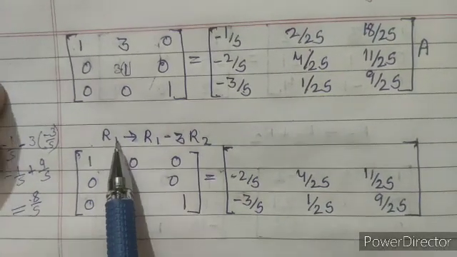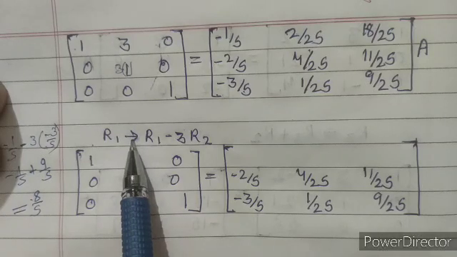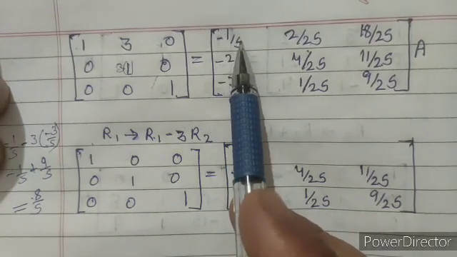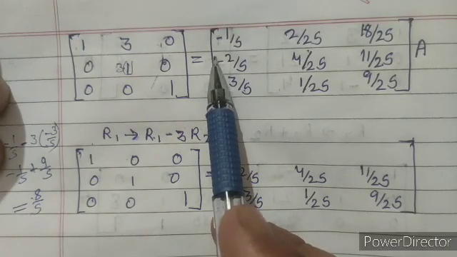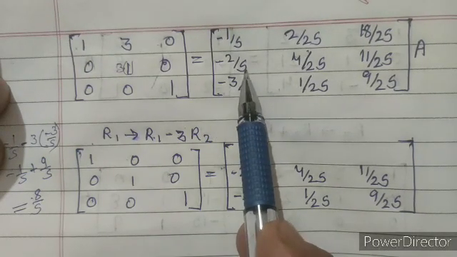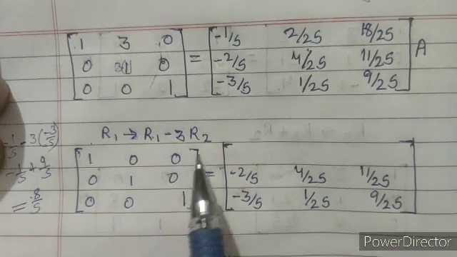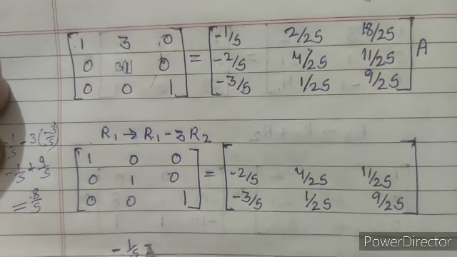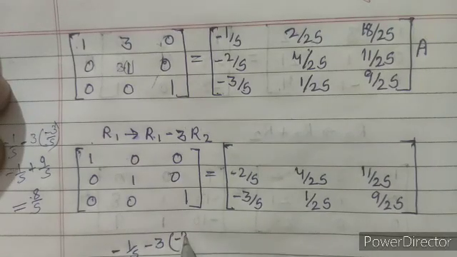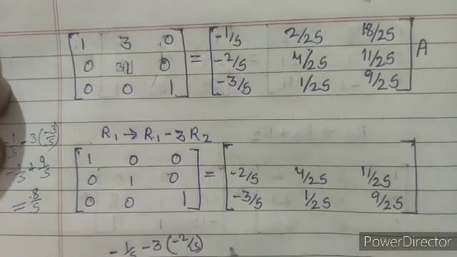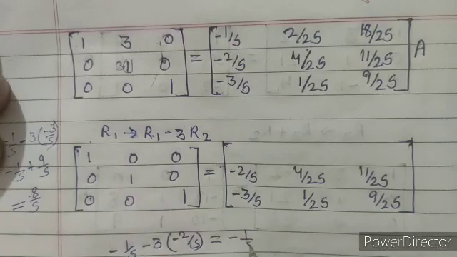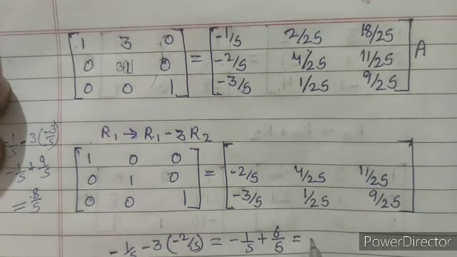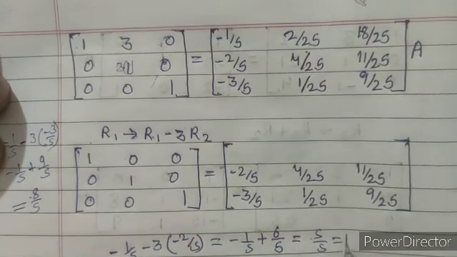Sorry, we are using here R1 change to R1 minus 3 into R2. R1 minus 1 by 5 minus 3 into minus 2 by 5 will give us minus 1 by 5 plus 6 by 5, and that will be 5 by 5, and that is equal to 1.